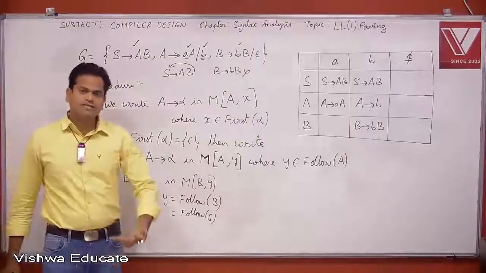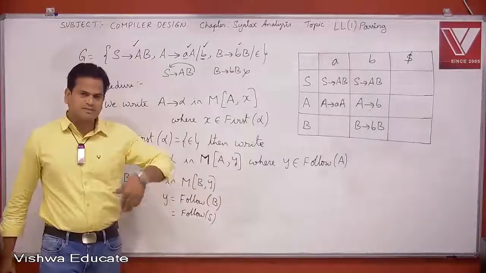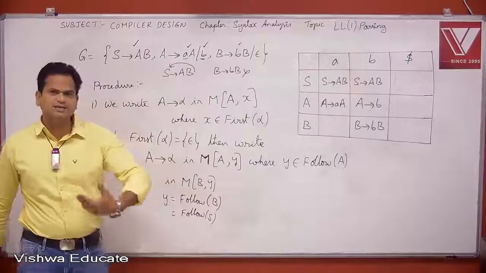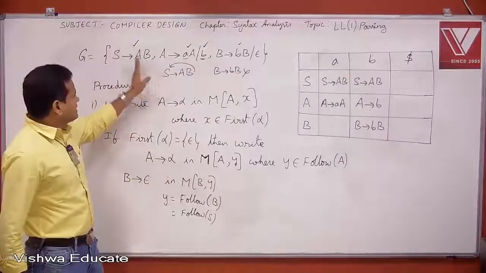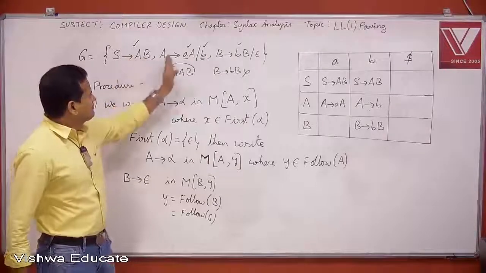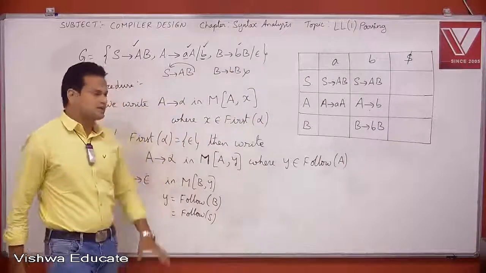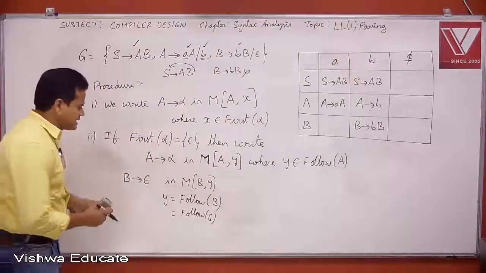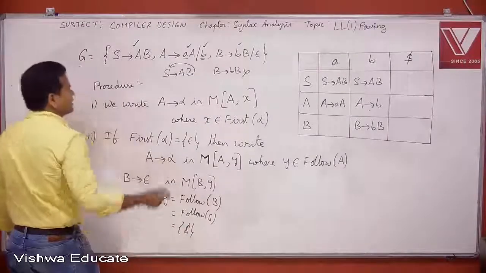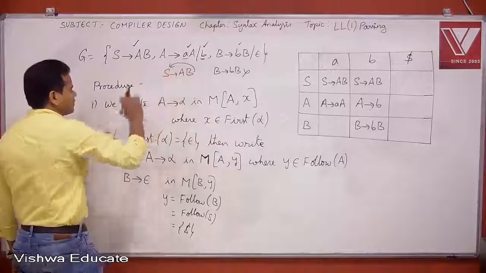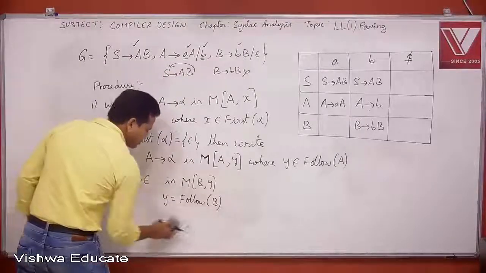Follow of every start symbol is $. And follow of every start symbol is not only $, it may contain more symbols if S, that start symbol, is available on the right side of the arrow. Here S is nowhere on the right side. Therefore, follow of S is only $. So follow of S is $, and follow of B equals follow of S, which is $. So finally, follow of B is $.